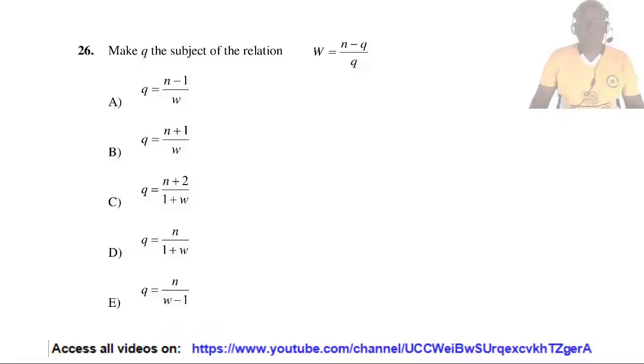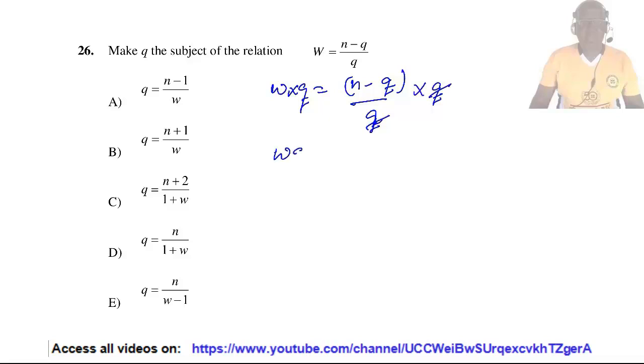Question 26. Make Q the subject of the relation W equals N minus Q all divided by Q. We shall multiply through the equation by Q. This will cancel this.